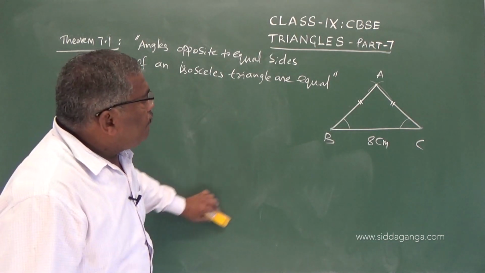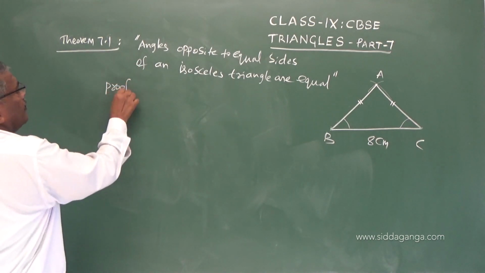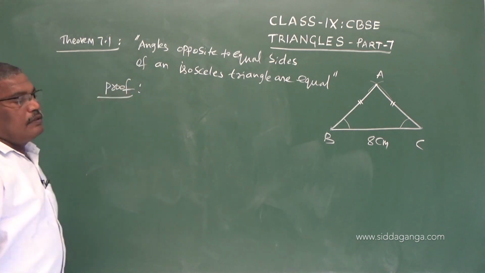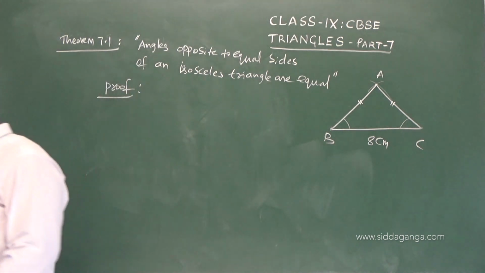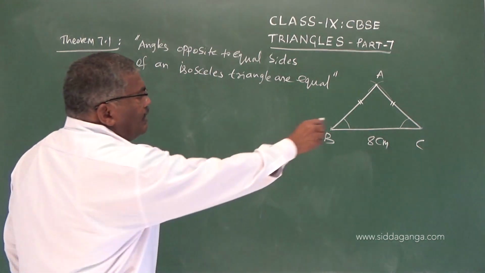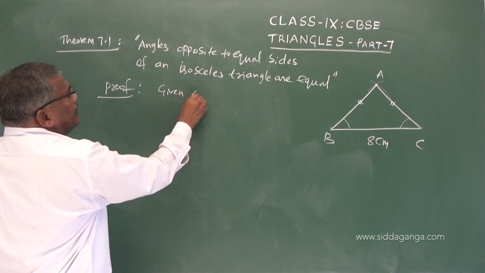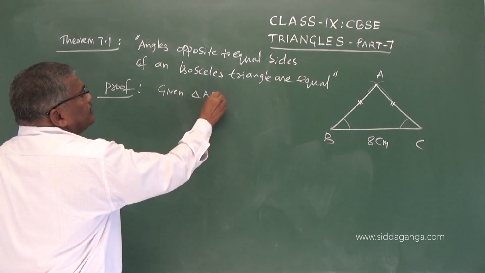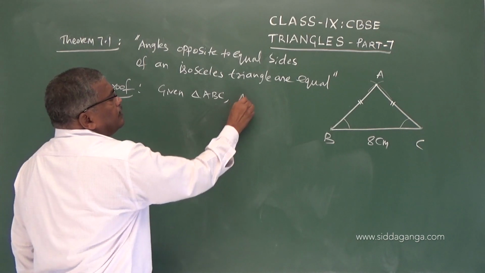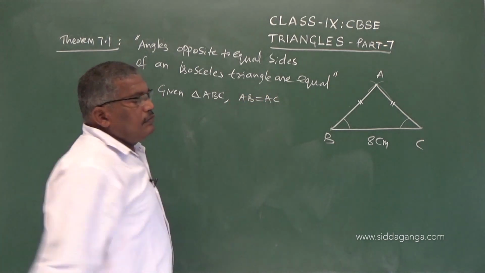Now, proof of this. So, what is given here? Given triangle ABC where AB is equal to AC.